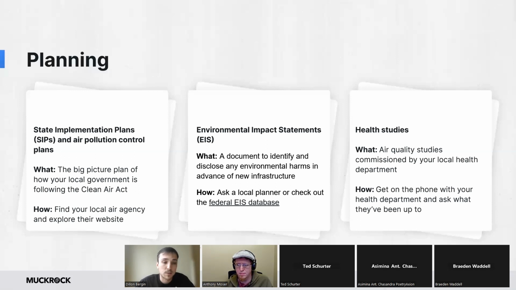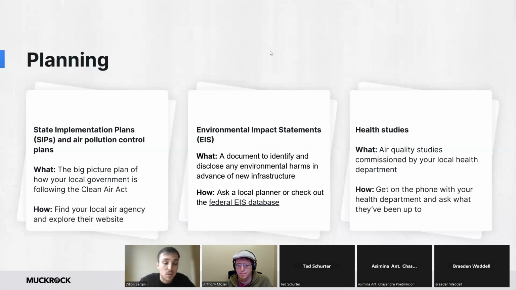This kind of document will tell you what your government is actually most concerned about, depending on the different types of pollution sources near you, and the topological or geographical makeup of your area. There are air basins in California that have completely different problems atmospherically than places in the Midwest.